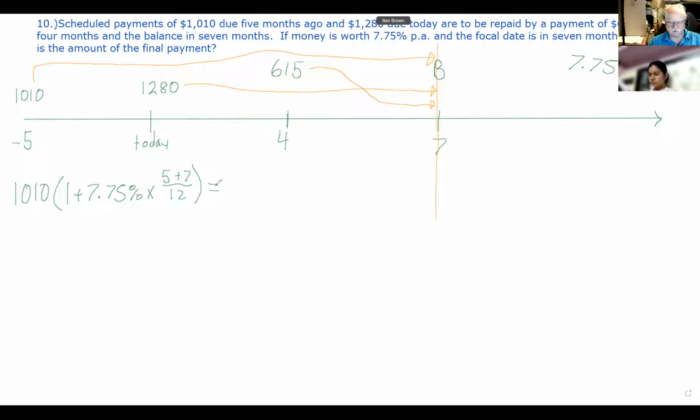Let's figure out what that is. 5 plus 7 divided by 12, times 7.75%, plus 1, times 1010. So by the time this arrives at the focal date, it's 1088.28.